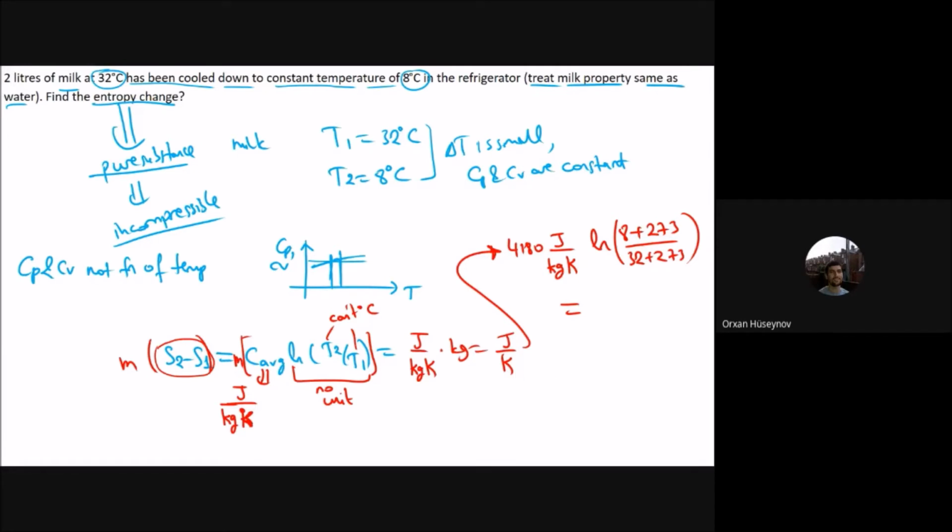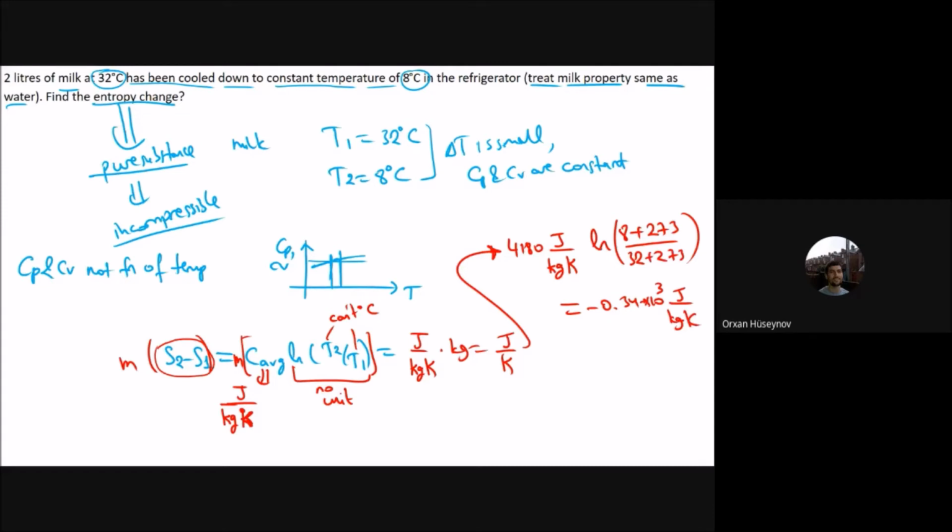Let me write the final value without losing time. The final result is negative 0.34 times 10 to the power of 3 joules per kilogram Kelvin.